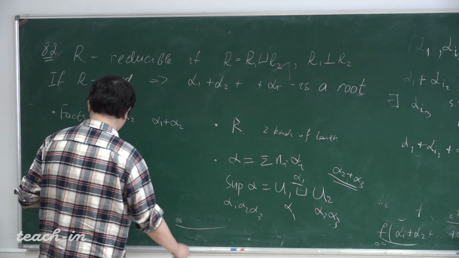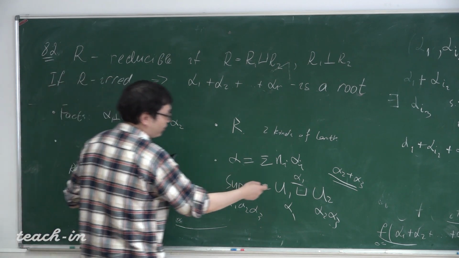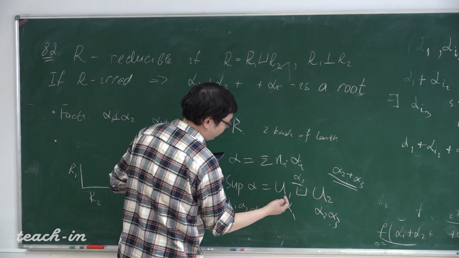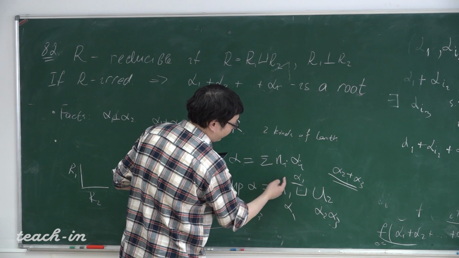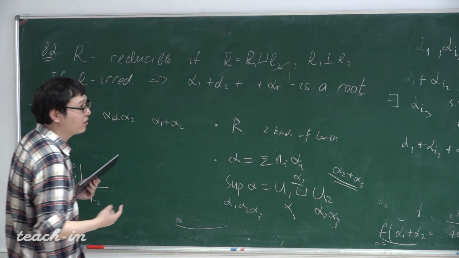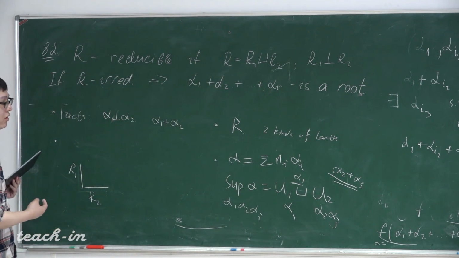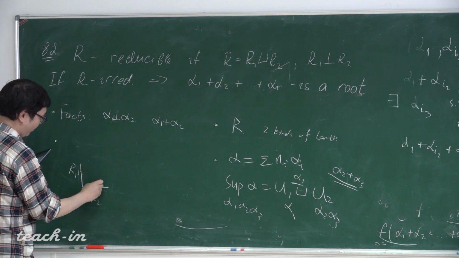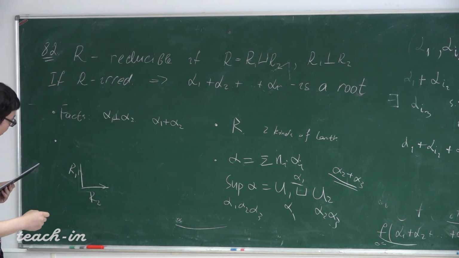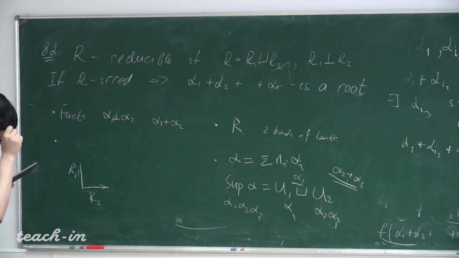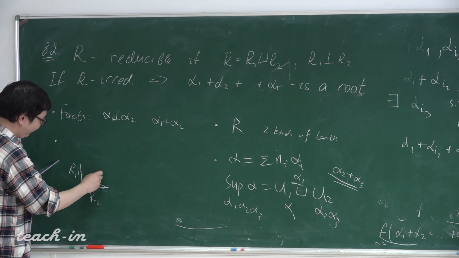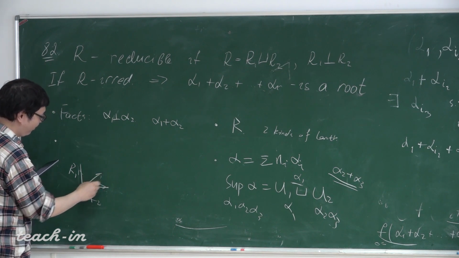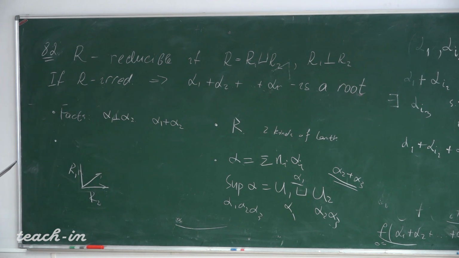And if the lengths of these two are different, then by the Pythagorean theorem we will produce a third length. The third length, you mean? Yes.